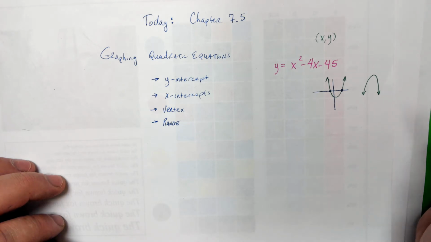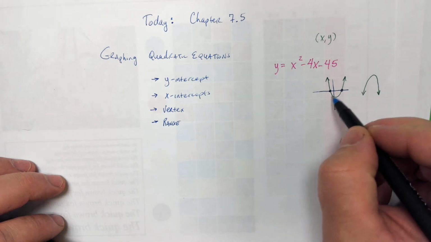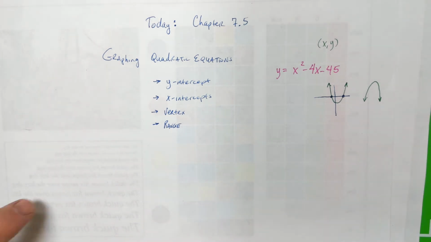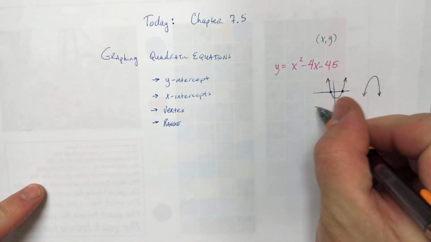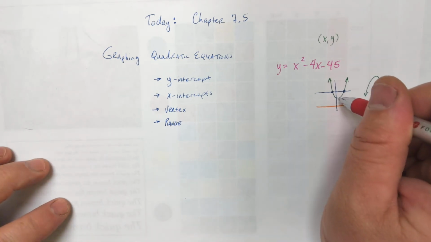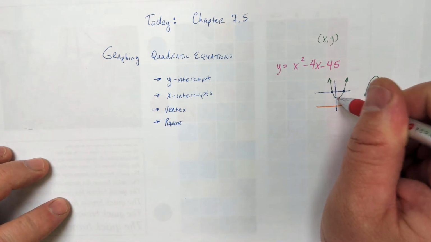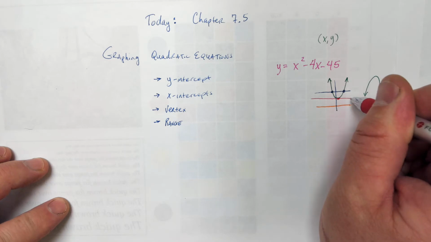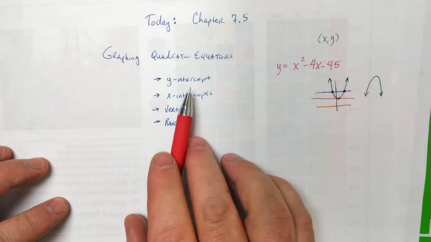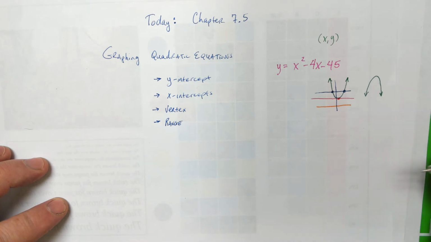However, the x-axis could instead be down here, in orange, and in this case you'd have no x-intercepts. Or it could barely touch at the very bottom, and that would be 1 x-intercept. So for the x-intercepts, we're either going to have 0, 2, or 1.